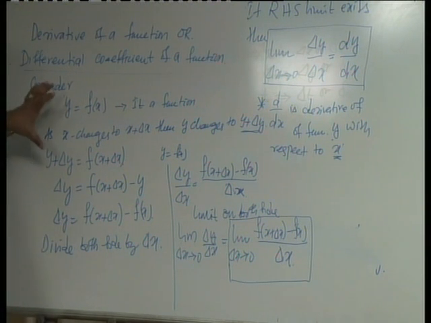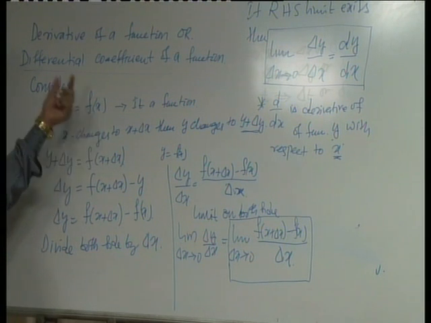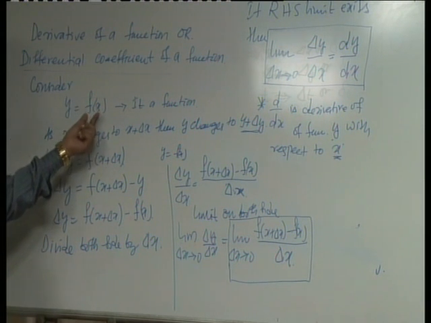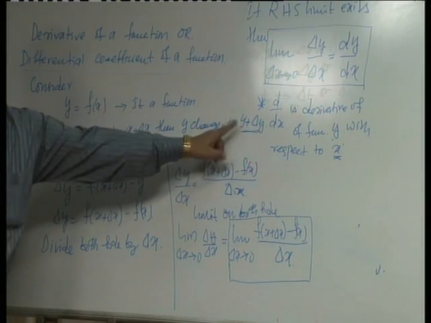So, what are the steps we have to follow? You take any general function, it should be in x. Then we have to include its increment. x changes to x plus delta x, then y changes to y plus delta y.